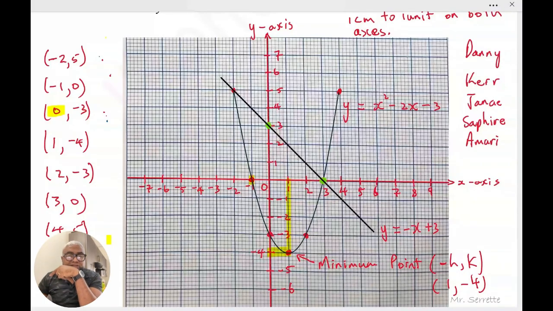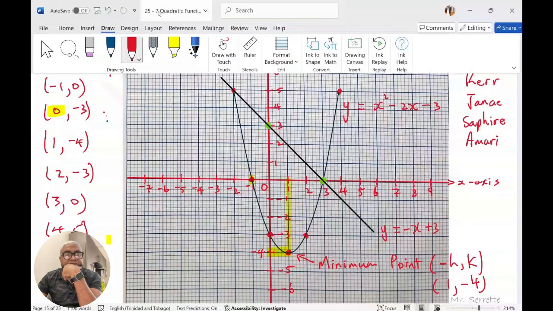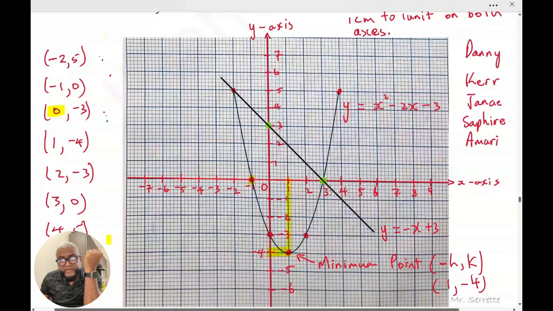So what are the values of x where the line and the curve cut? What are the x values? What's the value of x for this green point here? For the first one, I'm going to put the arrow by it. What's the value of x at this point? 3. What's the value of x at this point here? Because this is the next point where they cut.